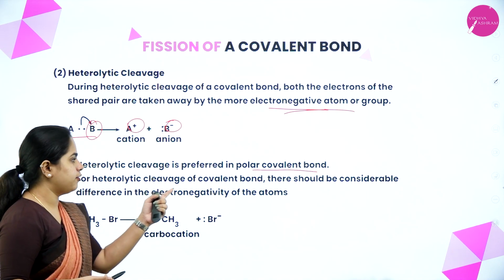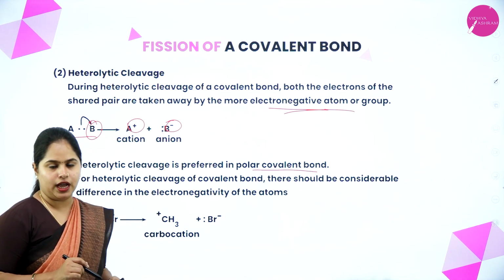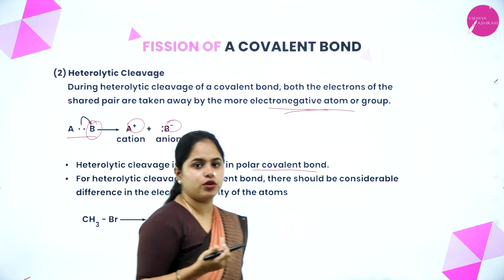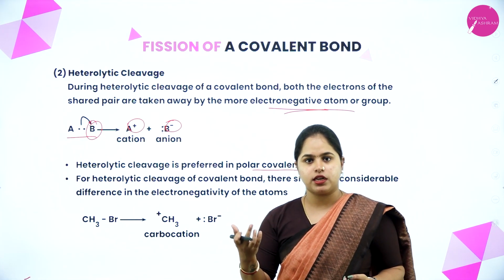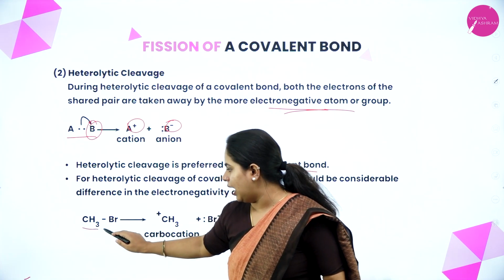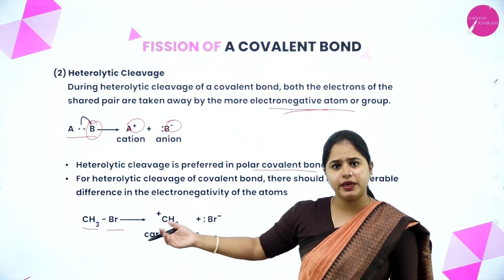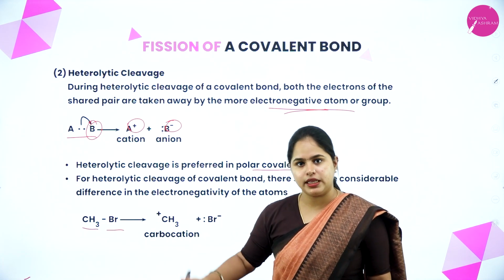For heterolytic cleavage of a covalent bond, there should be a considerable difference in electronegativity of the atoms. There must be a difference in electronegativity, then only the more electronegative atom can take up the shared pair of electrons. As you can see, there is an alkyl bromide here, CH3Br. This is methyl bromide or bromomethane, right?